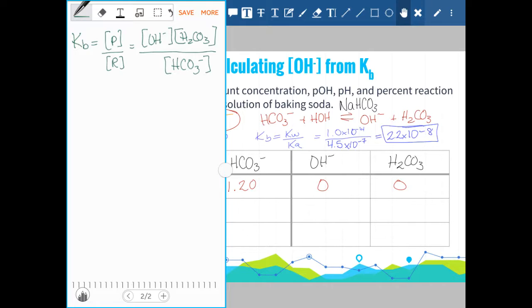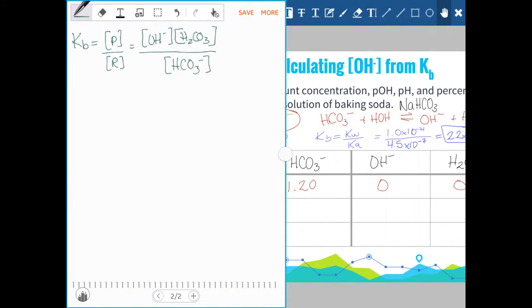So when I go to solve this or simplify this even further, I also now know my Kb. So I know that 2.2 times 10 to the negative 8 is equal to my OH minus times my carbonic acid over my hydrogen carbonate ions.